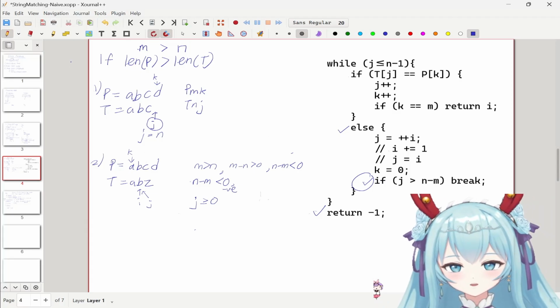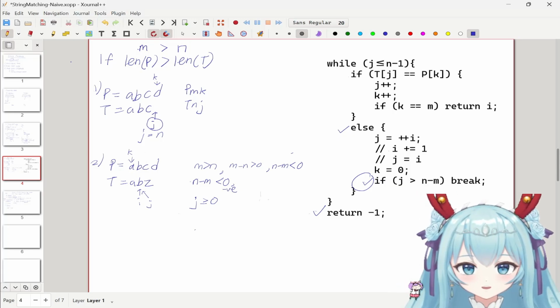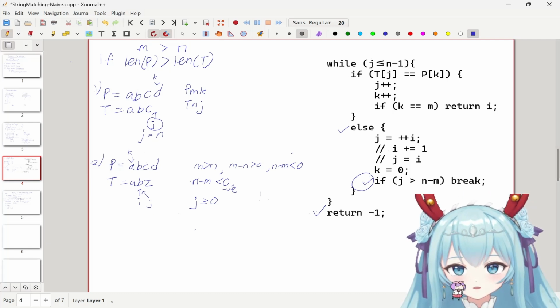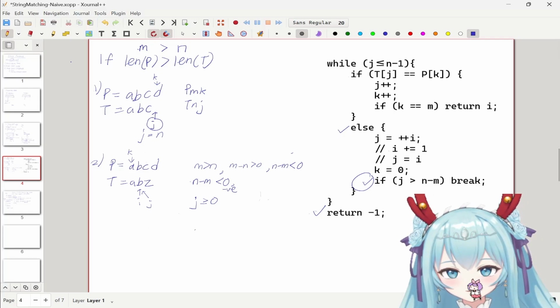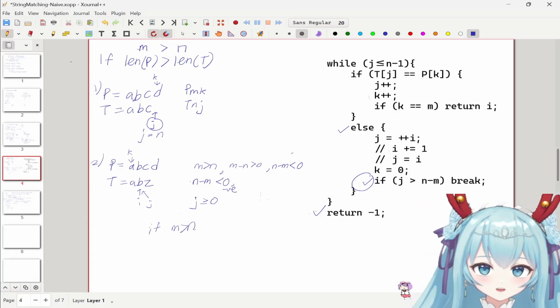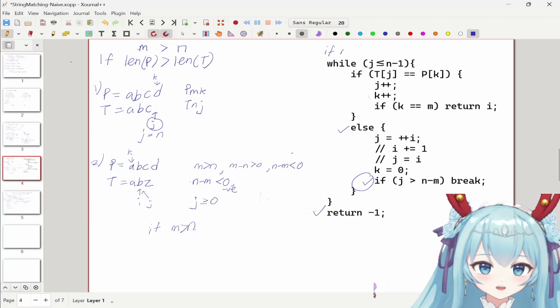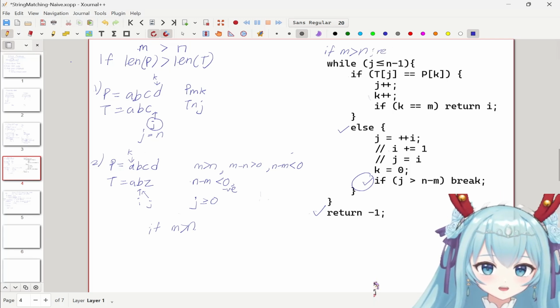So this is why the code that you see on the right hand side over here actually already implicitly handles the case when M is greater than N. Normally during the exam, at least I myself, I would just write an additional statement at the top saying that if M is greater than N, then we just return -1 right away.